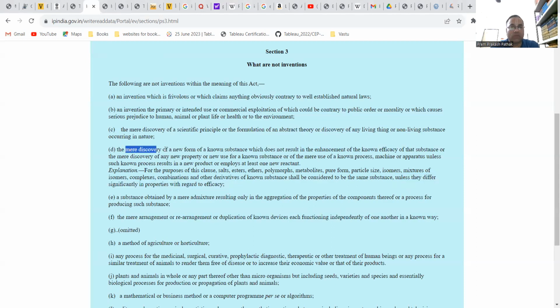So mere discovery of a new form of a known substance which does not result in enhancement of the known efficacy. If something is known, and the efficacy is some percentage and it is not increasing very high, how much high, that we need to debate.